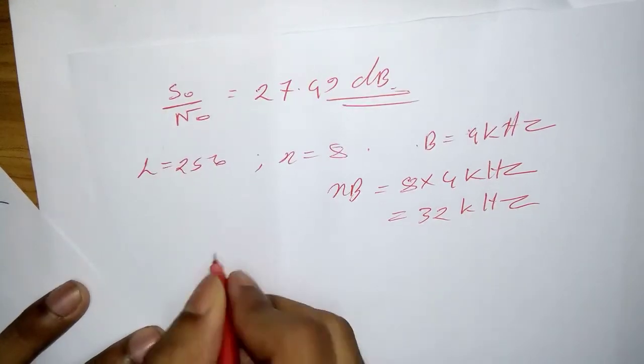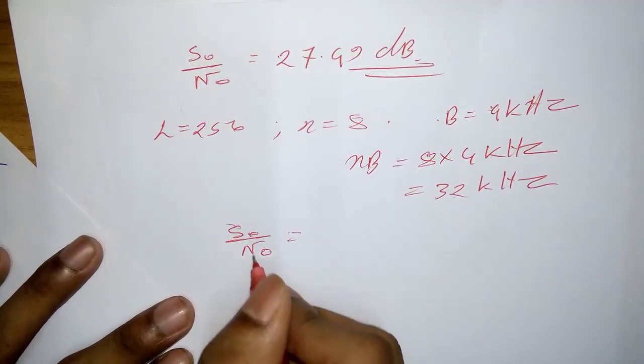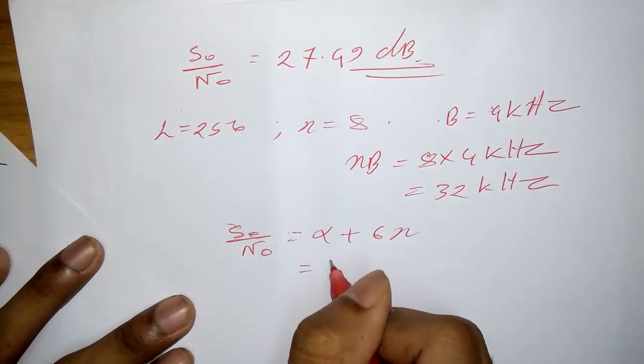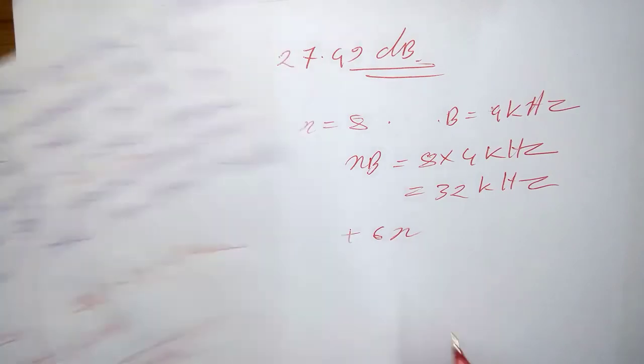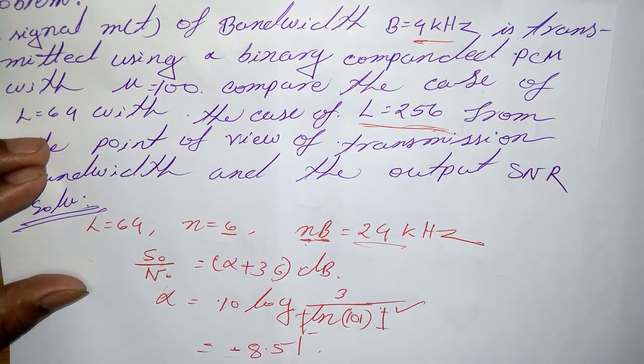So the equation S naught by N naught equals alpha plus 6n, where the value of alpha, we know, is minus 8.5.